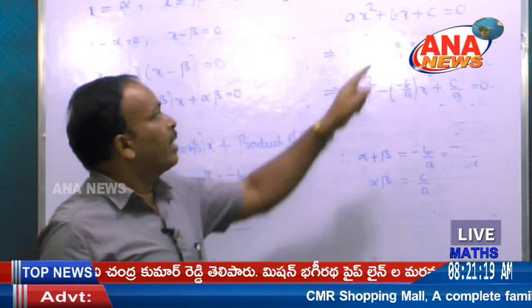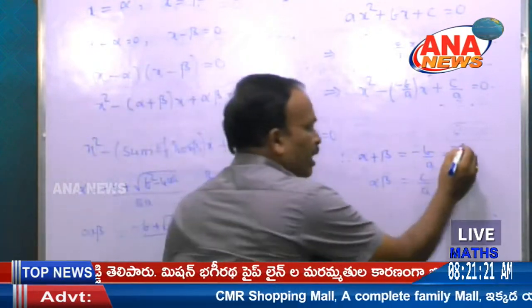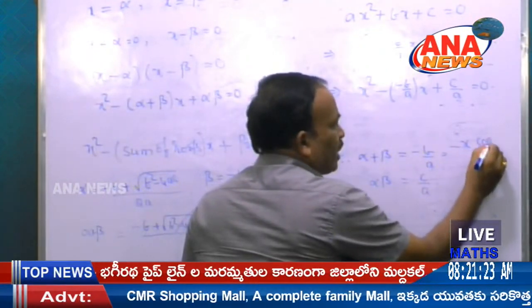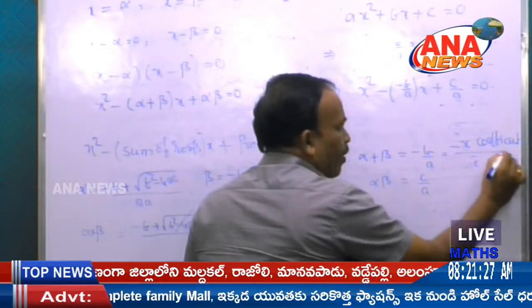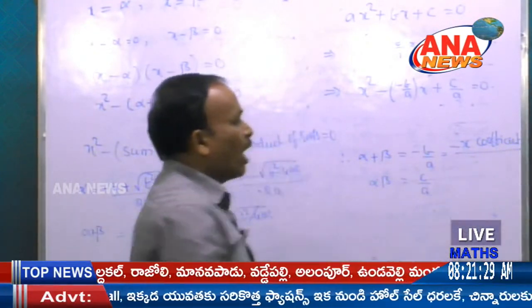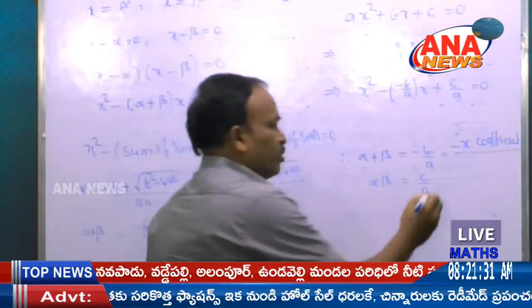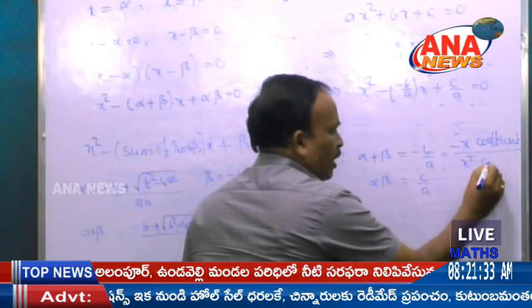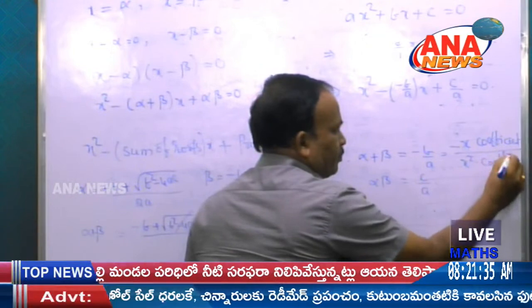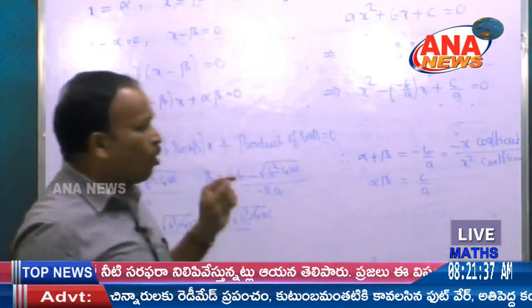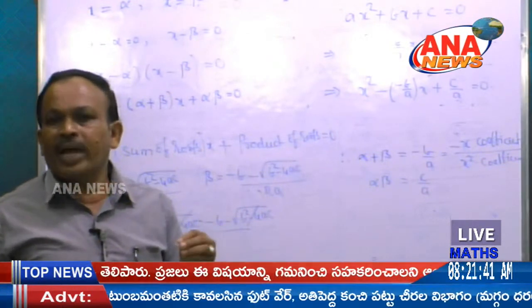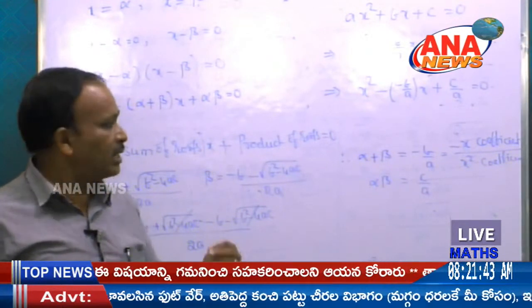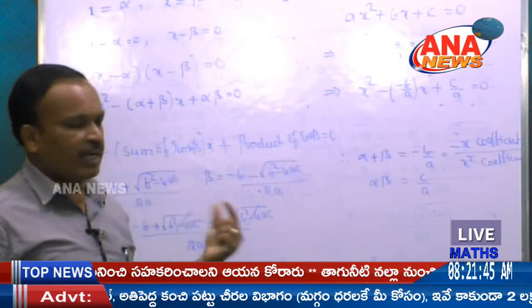What is b? The x coefficient. What is a? The x square coefficient. So the sum of roots is minus x coefficient by x square coefficient.